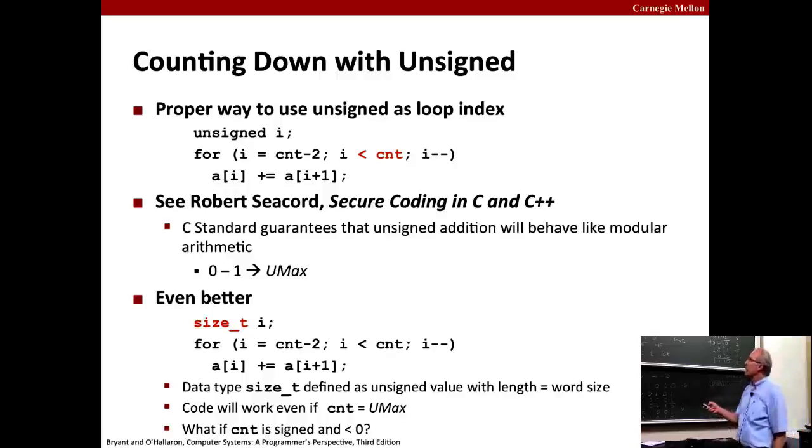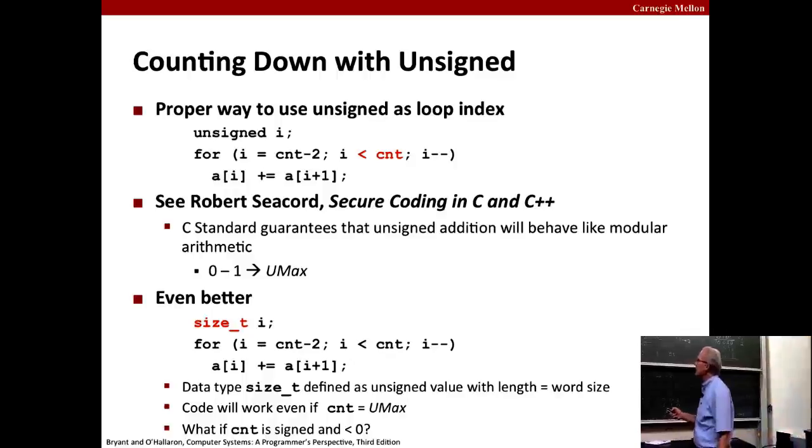When i goes from 0 and counts down to what would now be UMax, this test will fail, which is exactly when you want it to stop. And his observation is, in C, with signed numbers, there's no guarantee on what happens with overflowing. As I said, most people just assume it's going to be 2's complement. But if you really want to be careful, you shouldn't assume anything outside of the C standard. And if you're trying to write secure code, it's probably a good idea to be cautious, be conservative.